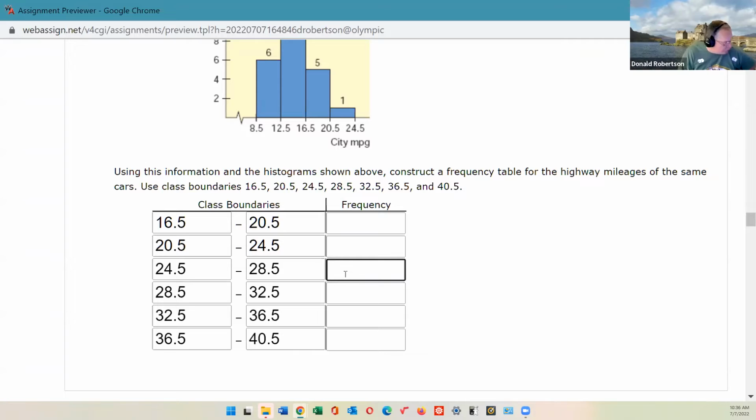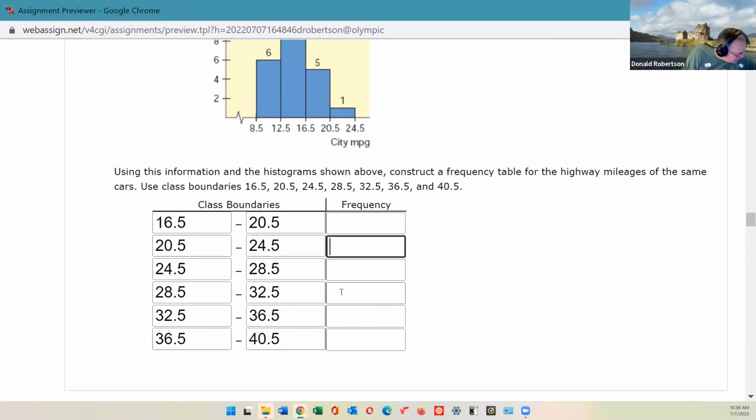The convention is that when you see an interval like this, you read it as starting at 20.5, but not including it, all the way up to 24.5. So you only include the bigger value in your interval. So 24.5 gets counted here.